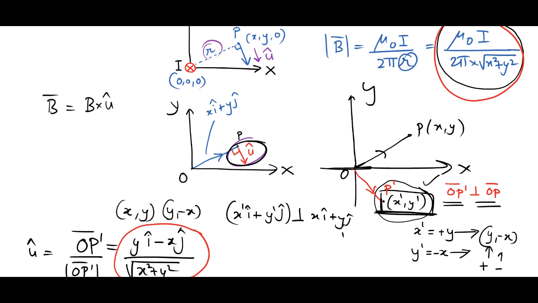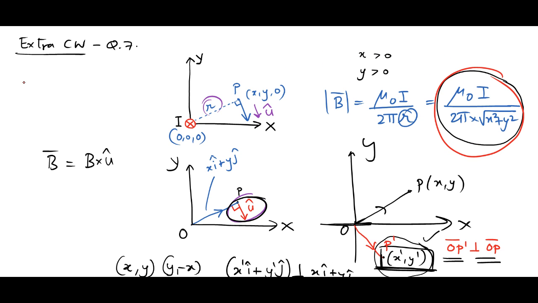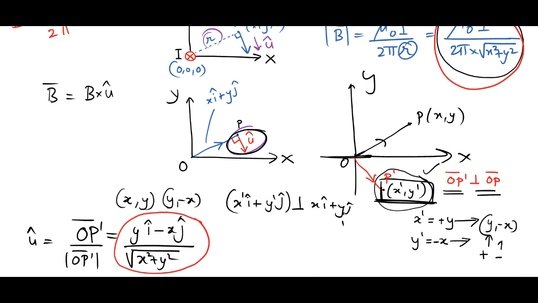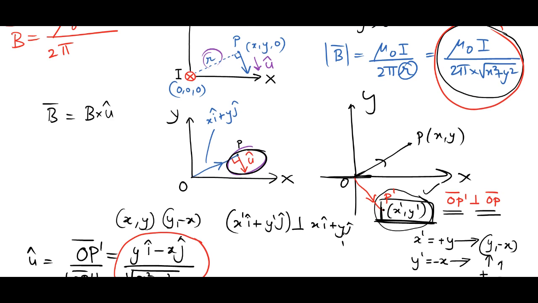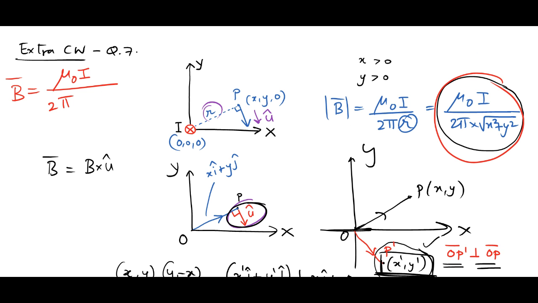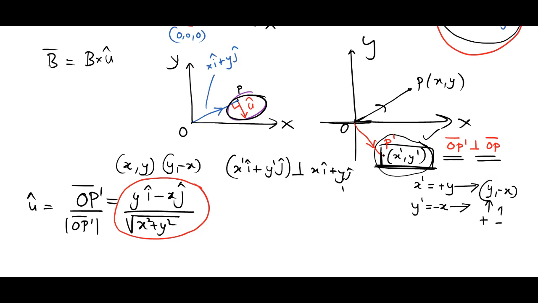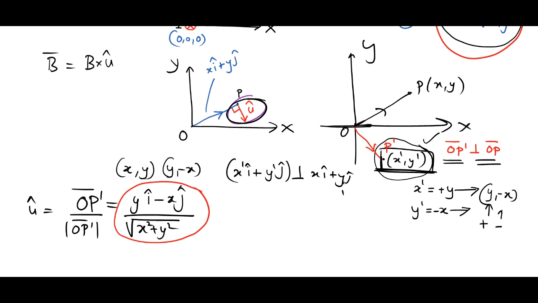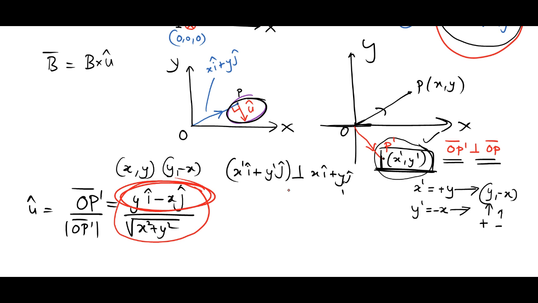So my answer is going to be, I think I'll write it here, b bar is mu naught into I divided by 2 pi into, now the denominator contains a root x square plus y square, both in mod of b bar as well as in the unit vector, so this becomes x square plus y square, and what remains in the numerator is this term over here.